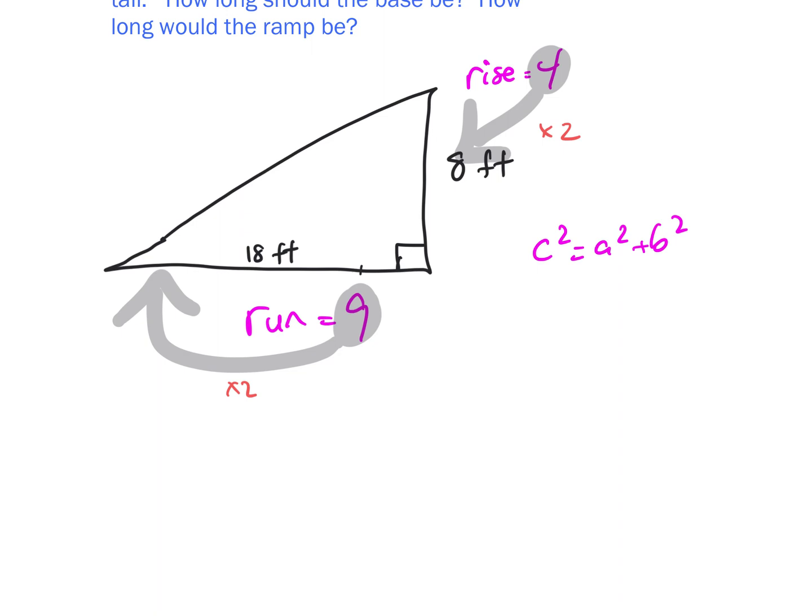C refers to the hypotenuse, or the side that's across from the right angle. So in this case, we're looking for C. The other two sides are 18 and 8. It doesn't matter which one's which. So 18 squared plus 8 squared.